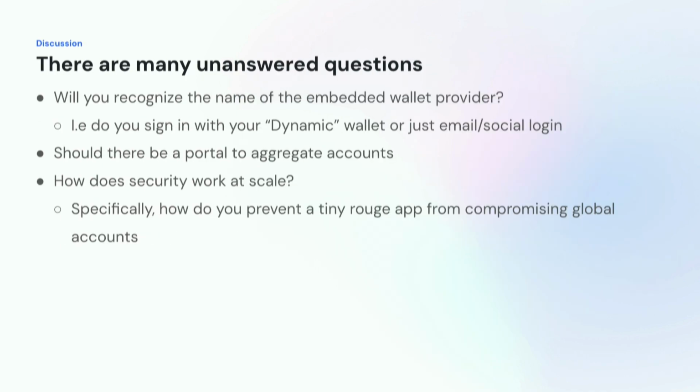Now, there are many, many unanswered questions about this stuff, right? The first one is, how do you recognize a global wallet? If I were to go to Amazon and log in with my email and buy something, and then go to Target and log in with the same email and buy something, and see my Amazon purchases, that would be really weird, right?